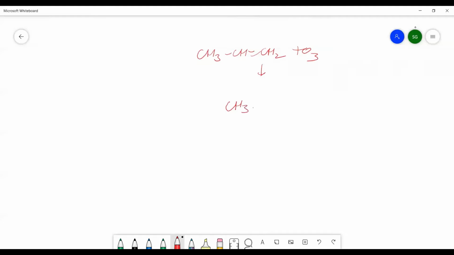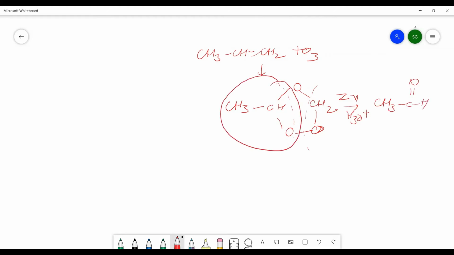After the addition of ozone, we will get a cyclic intermediate in which the ozone is added in this manner. This is called ozonide, and after this it will be broken down in this manner in the presence of zinc and H3O positive, and you will get CH3 C double bond O, that is this part, and here you will get CH2O.